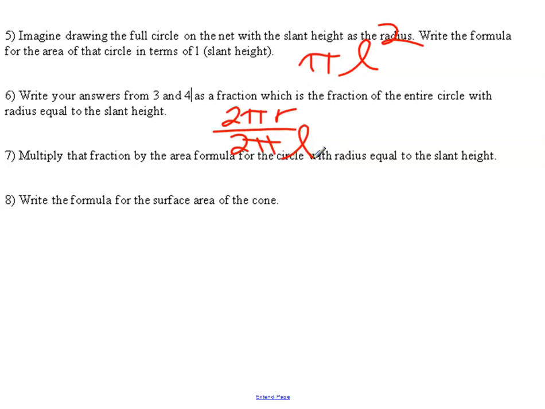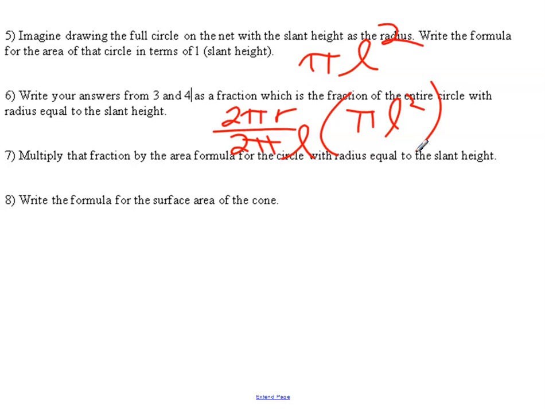So it's the circumference, this is the arc length, which is equal to the circumference of the base of the cone. This is the circumference of the full circle that we drew in, and then you multiply that by the area of that full circle, pi l squared. Oh, I just did number 7. So there's 6 and 7 put together.